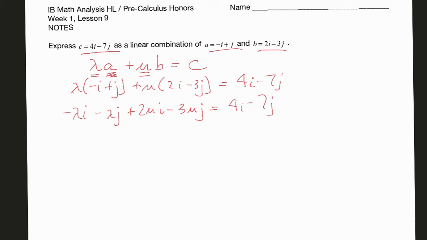Those of you that have had me before know I like to call this housekeeping. So I'm going to rearrange this so that this side over here on the left has all the I's together and then the J's together so that it more mirrors this side. Just rearranging some terms.